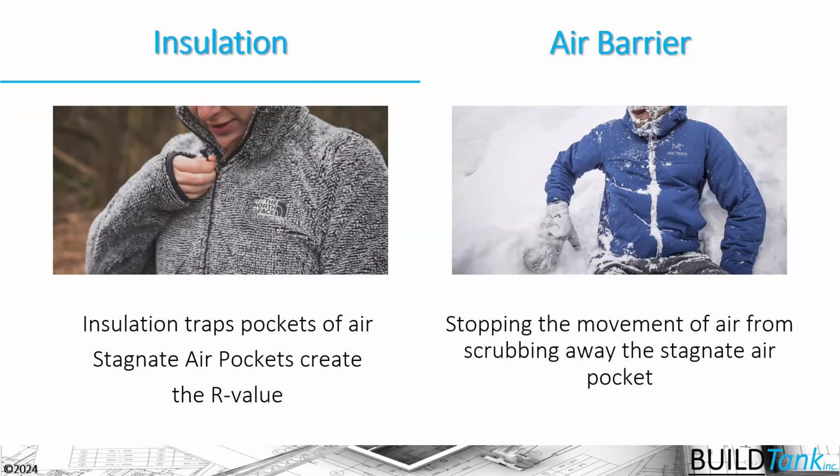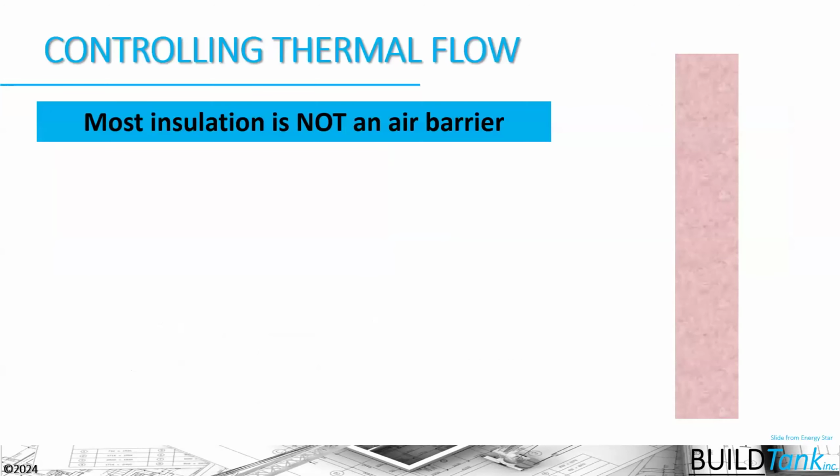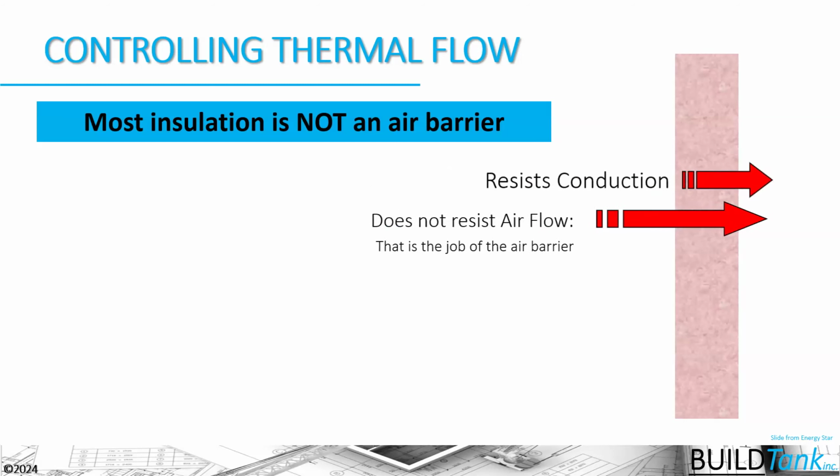So in reality, we have a system that works, and it mirrors what's happening in the assemblies of our home as well. We have all of these different pieces of the assembly that are coming together. And the insulation itself resists conduction, but it doesn't resist the flow of air through it, especially if it's an air permeable insulation, which the majority of the insulations that we use are.